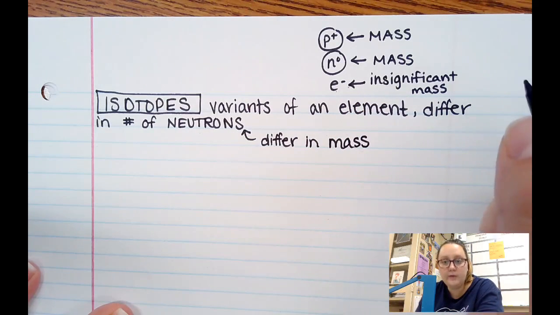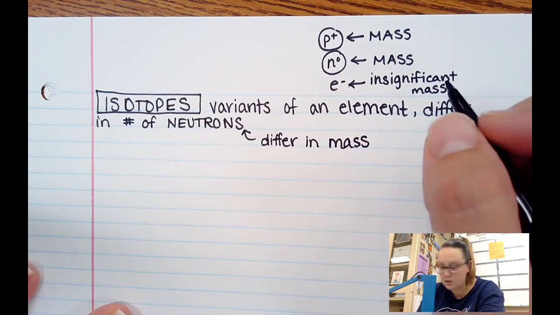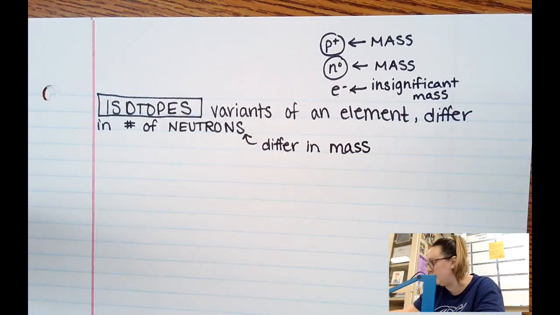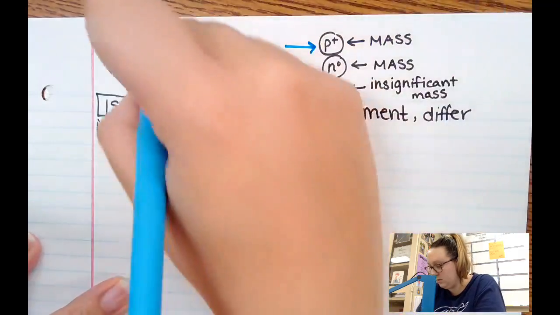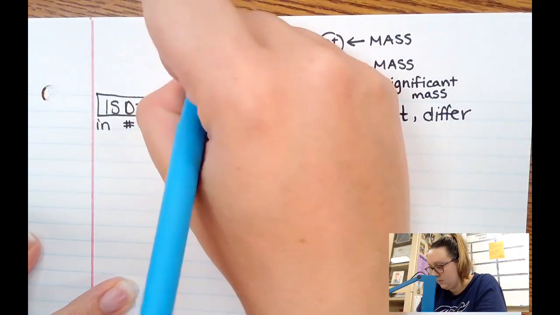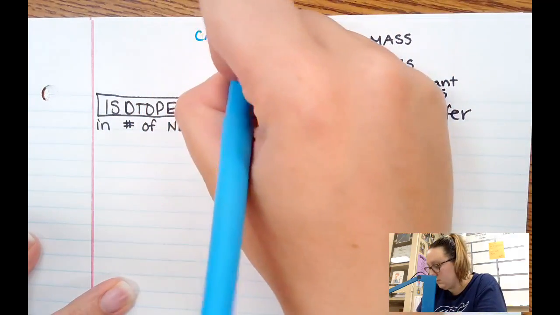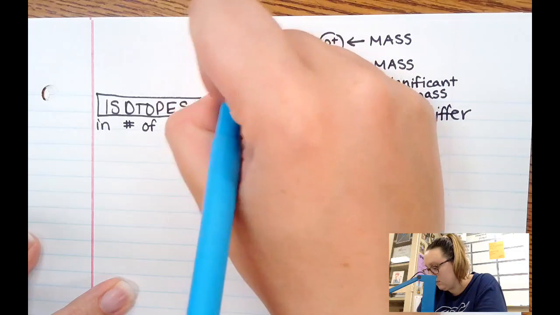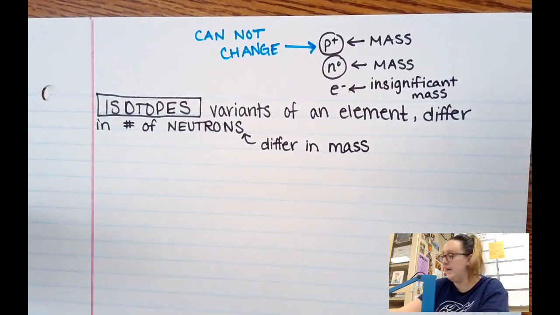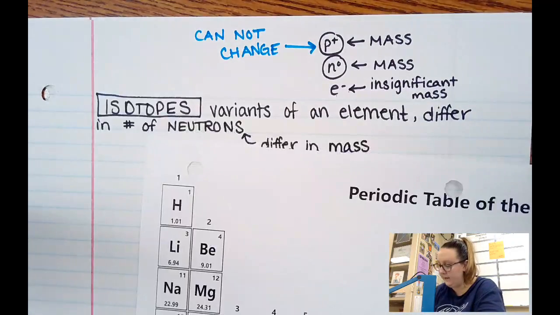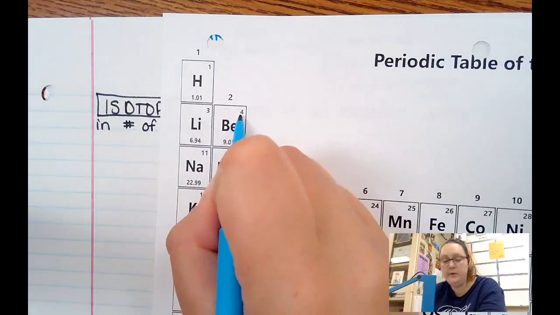Now, protons can never change. The proton is the identity of the element. If you say, well, I have beryllium, but I take away a proton, so now it only has 3 protons.